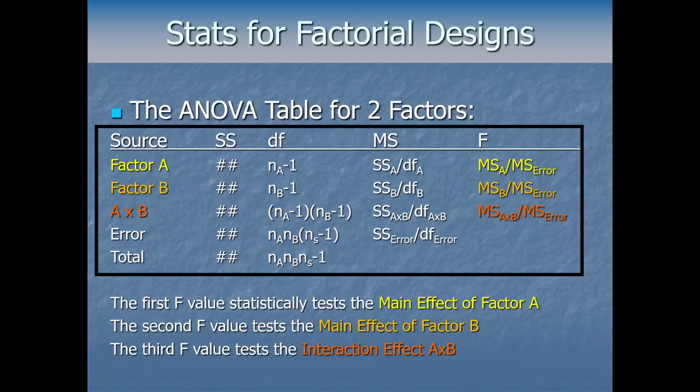So mean squared deviation of something divided by mean squared deviation that's found in that thing itself normally, sometimes called the mean squared error. So mean squared of your factor A over mean squared error gives you the F value for your main effect test of factor A.